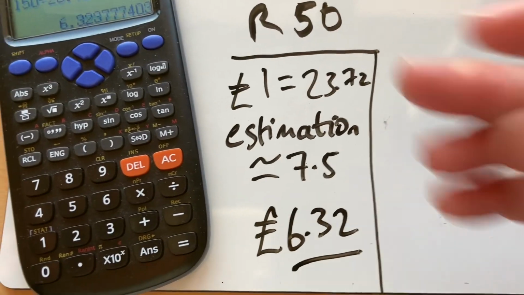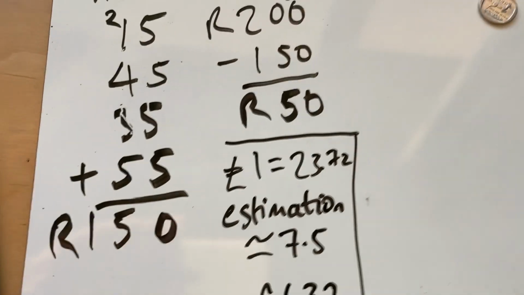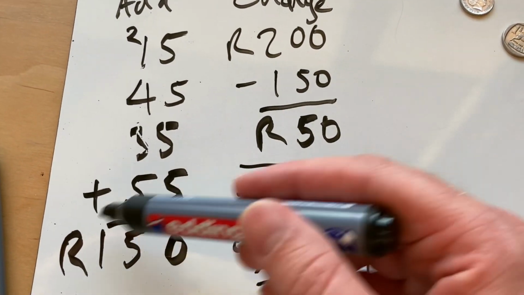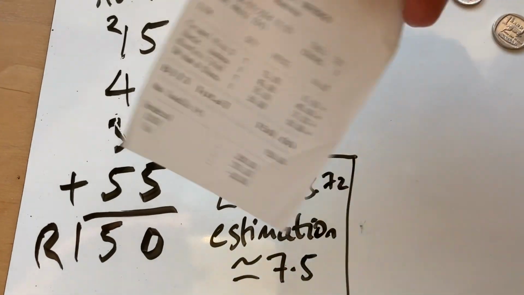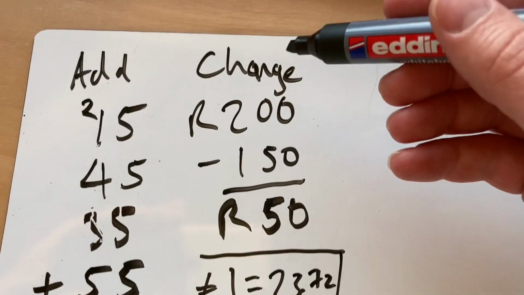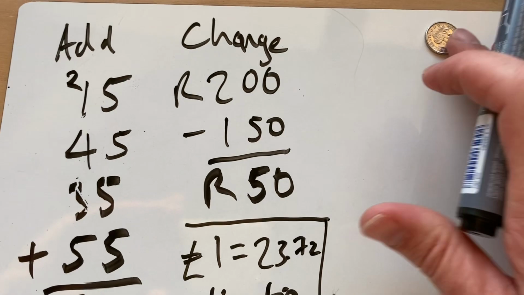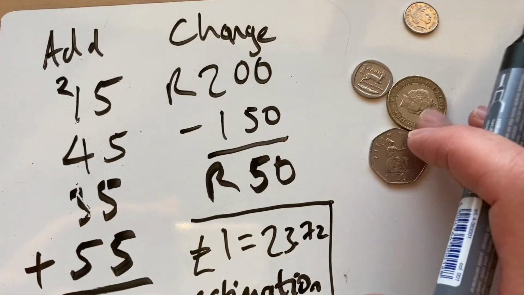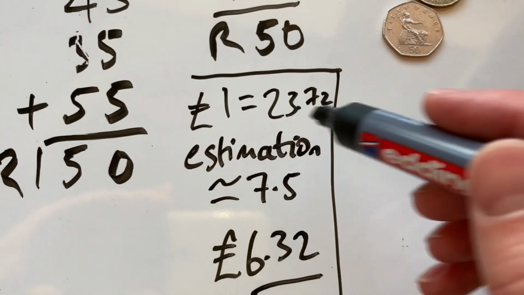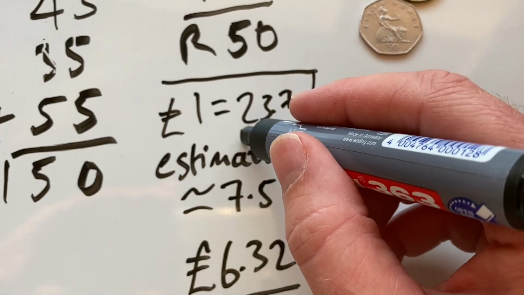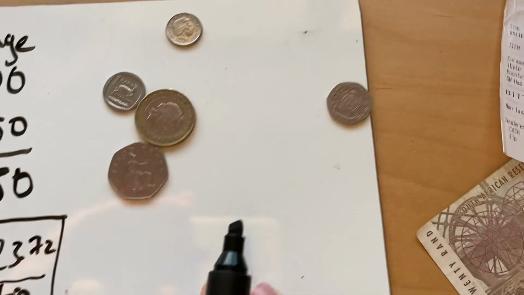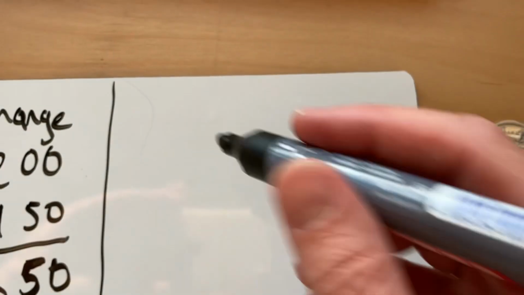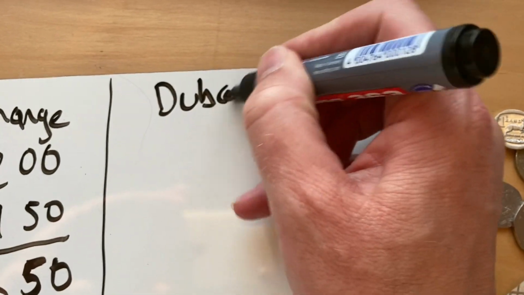Okay, so you can see there's lots of maths just in that simple transaction, adding up what a shop cost me on this little receipt, checking that I got the right amount of change, which might have been in rand, but if I wanted it in pounds and pence, I've got to use an exchange rate, and that's what I've used there. Okay, let's go through that again with another example, and this time I stopped off in Dubai.